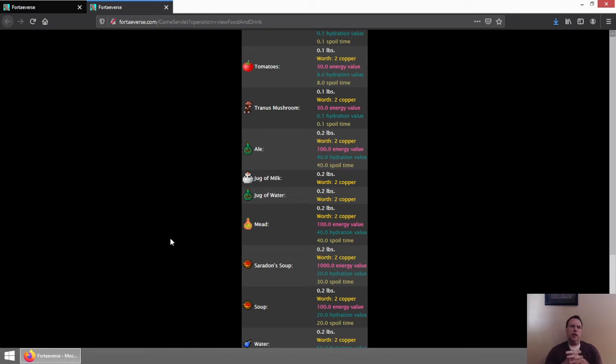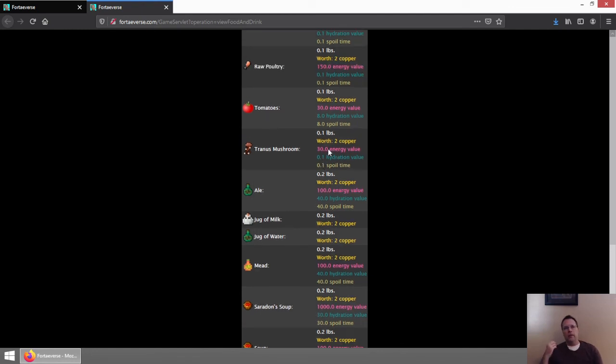But anyway, the whole purpose of this is to have various improvements with your regeneration ability if you're resting and you're not casting spells and things of that nature. With stamina regeneration, you can see various types of foods have higher or lower energy values for your stamina.